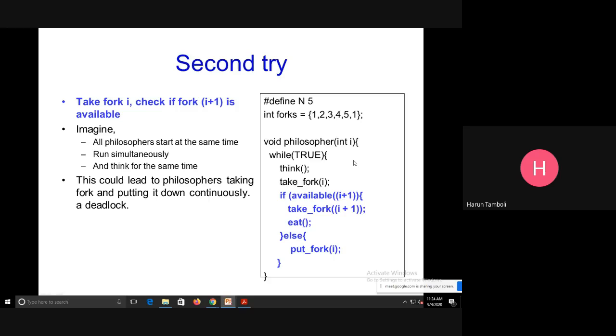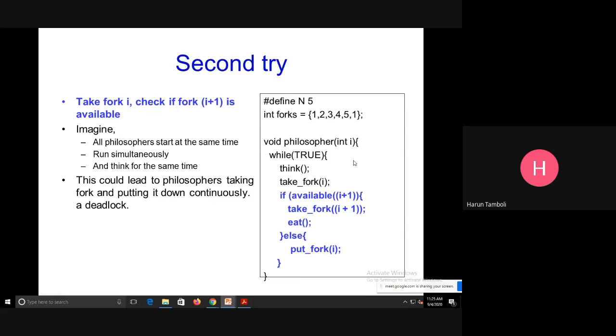Now imagine that all philosophers start running simultaneously. Then again it may be possible that all philosophers keep taking the chopstick and putting it down continuously. That means all five start their work at the same time. They pick their first chopstick on the right side and try to get the second chopstick on their left side.